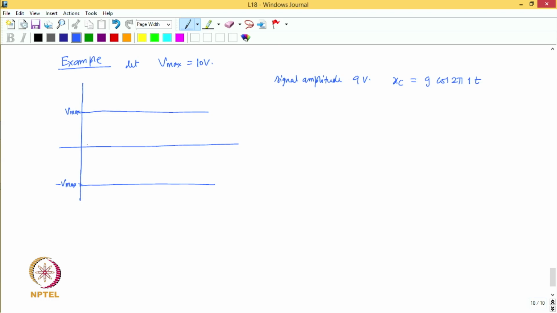This signal would appear like this, something like this. This voltage range is 9 volts, while Vmax we already know is 10 volts. Therefore when this signal is quantized, it is likely to appear in this form after quantization.